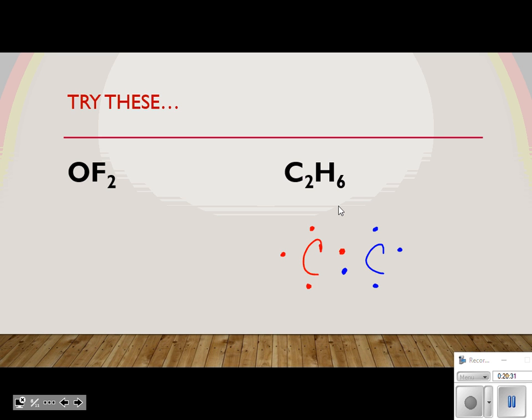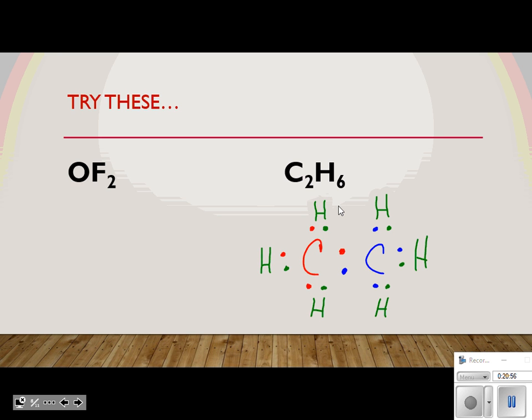So, I'm just going to put a hydrogen at each one of those open bonding sites. And I have 6 hydrogens, don't I?